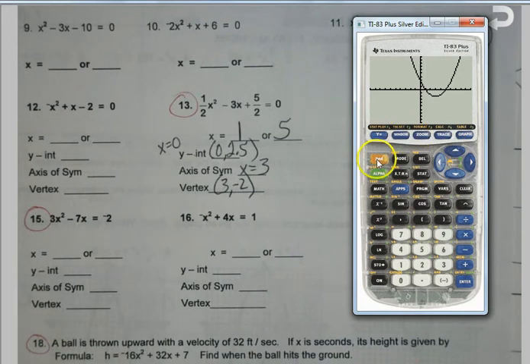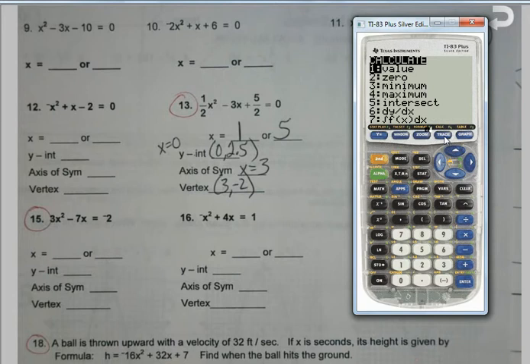Sure. If I do second trace, get into my calculate function, and again, some descriptions of that are on the front of the note sheet, and we talked about that yesterday. Here, I notice, since my graph's opening up, that I'd have a minimum where my vertex is. So that's what I'm going to look for.